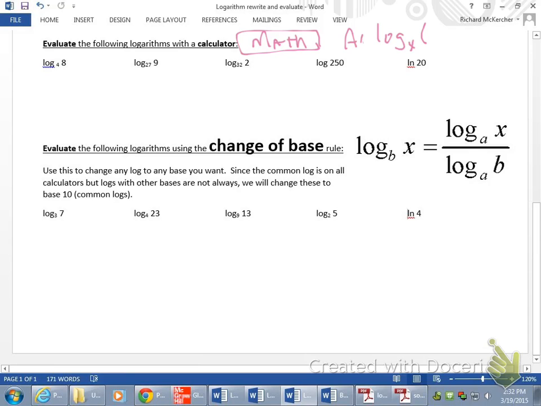So you can just fill in the blanks. That's exactly what I want you to do with the new operating system: press the Math button, go to letter A, which is the log base, and you type these in word for word. It's very straightforward, not a lot to talk about with that.